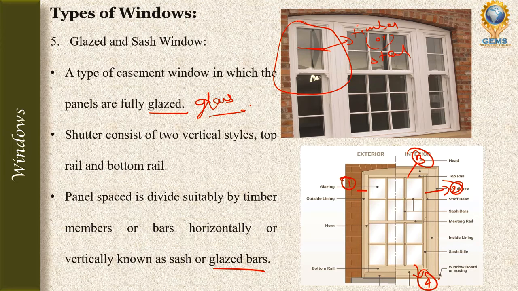How do we fix the glass panel in the glazed bar? By using putty or any small fillets. So this is the glazed and sash window.